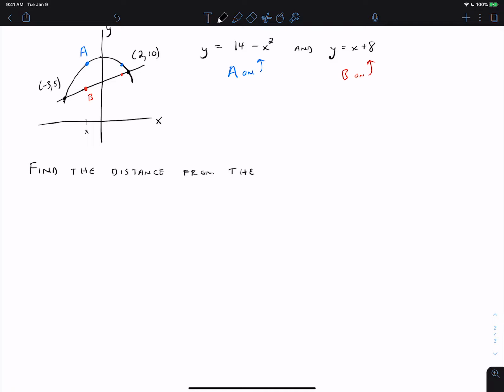But let's start with the line y equals 3 to A, and from y equals 3 to B. If A and B are at, and so number 1 is x equals negative 1 again.